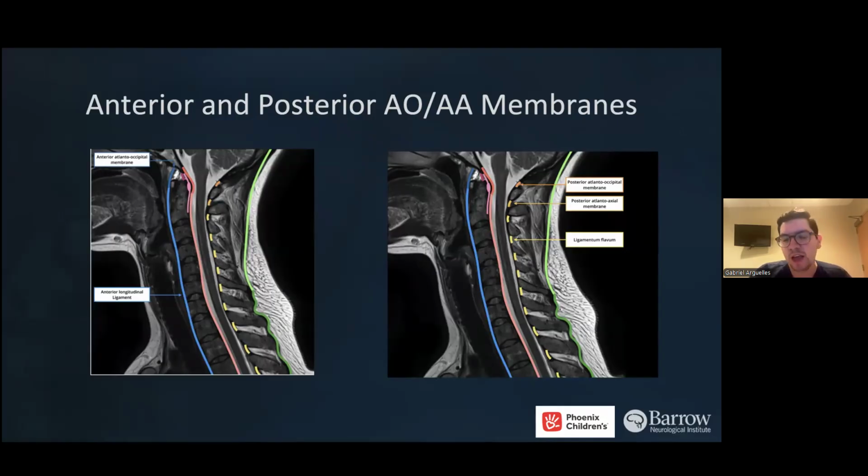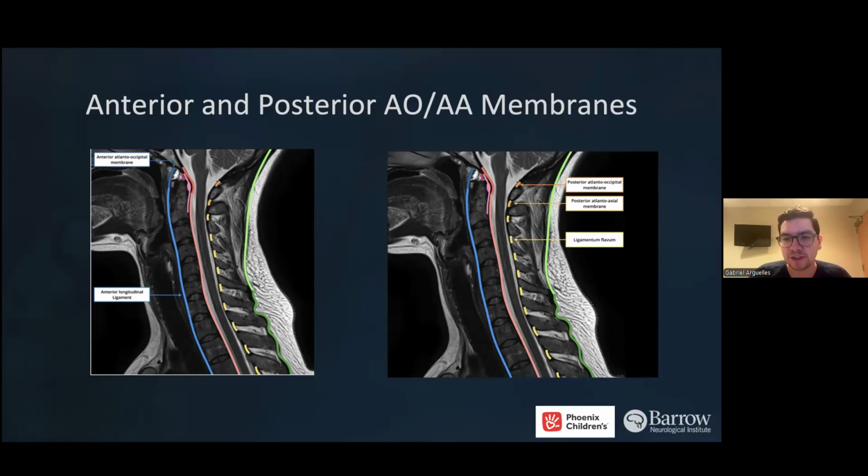To preface, we get a lot of patients with varying degrees of sprain and edema in these ligaments, and it can become difficult to understand how to manage them if it's not a clear-cut OA dislocation where these ligaments are all torn and the patient clearly needs definitive management. In the middle of the spectrum, where we see most of our patients with some level of sprain, it becomes important to see the relative contribution of strength of these ligaments to figure out what's best for this patient.